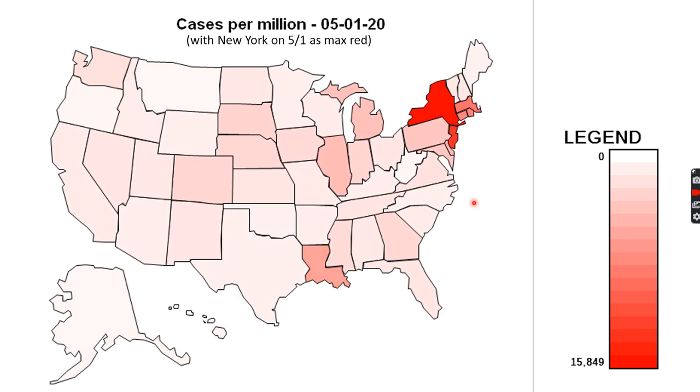And then on May the 1st, up to 15,849 confirmed cases per million population. And let me take a second just to point out that 15,849 per million is equal to 1.58%. So that's the confirmed number of cases.